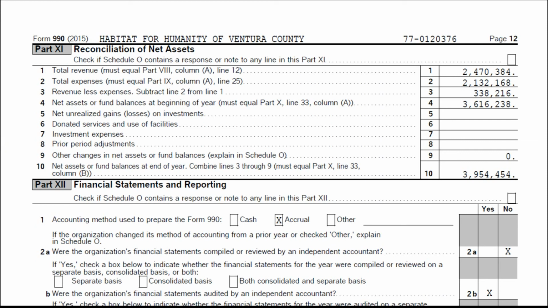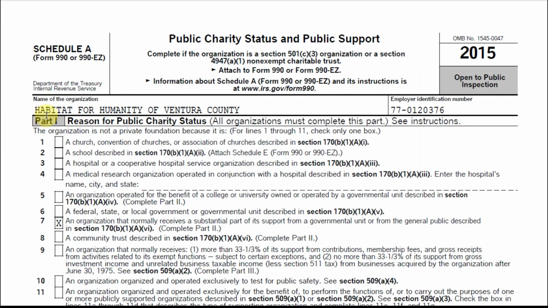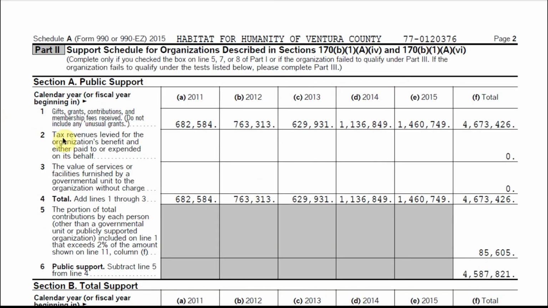And actually page 13 is Schedule A, the next page, for page 14 of that, which is really the part 2 of the Schedule A. What this is doing is actually going back to our question 5, which is how do they raise funds? And this is kind of a part 2 of that as well, because we're looking at a 5-year trend, oldest to most recent years, showing how their money has come in.